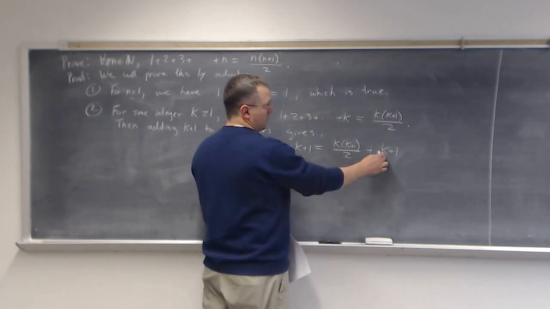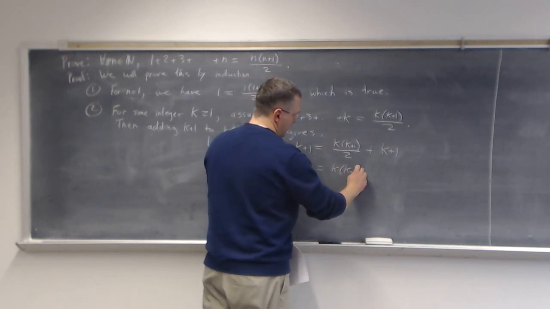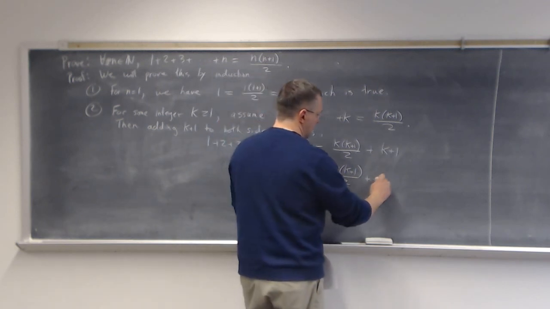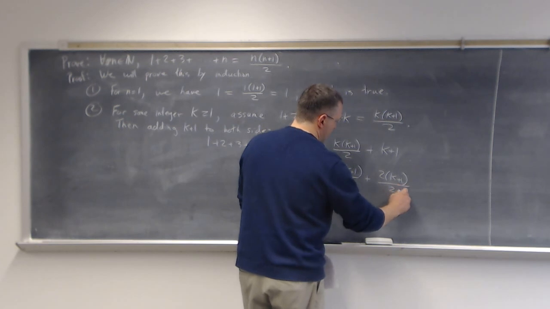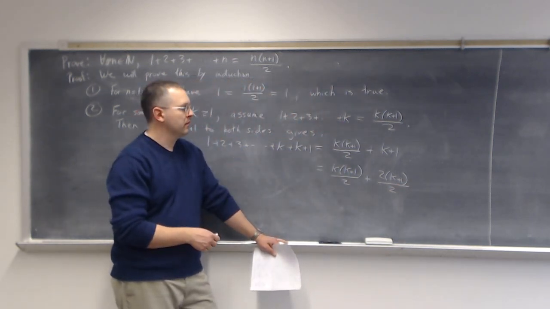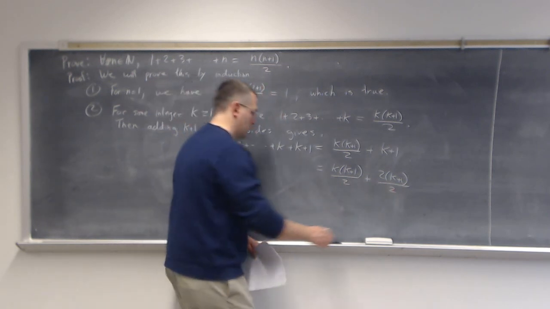When you're adding fractions, you've got to get a common denominator. So k times k plus 1 over 2 plus 2 times k plus 1 over 2, just multiplying the numerator and denominator by 2. Now they have a common denominator, I can add these two fractions.